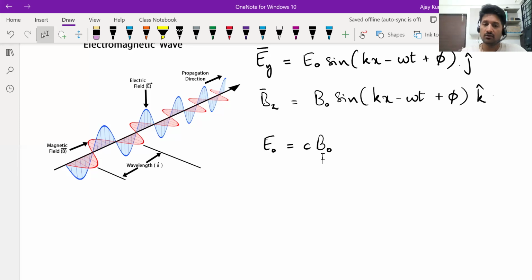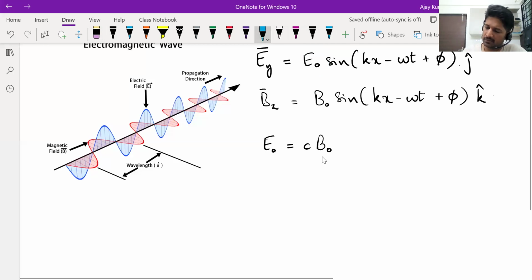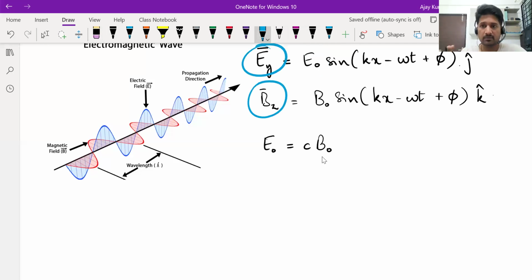We will use that to write an expression for energy density in an electromagnetic wave, because we have the field expression here. We know how much electric field it produces. Then we will be able to write the energy density in that wave due to the electric field. And we also know the expression for energy density in a magnetic field. We know how much magnetic field it produces. So we'll be able to write an expression for energy density in the magnetic field as well. Combine both energy due to electric field and energy due to magnetic field, and you'll get the energy in the electromagnetic wave.